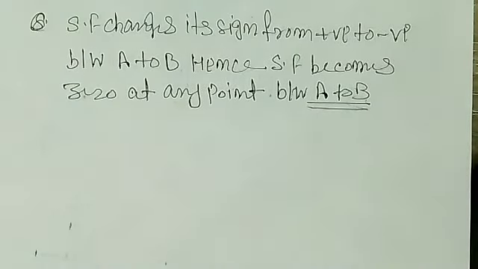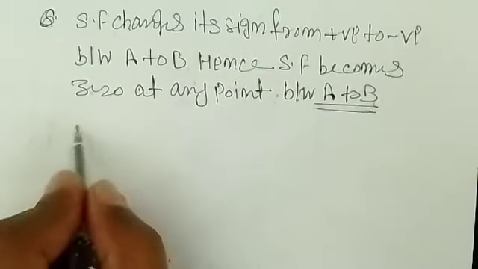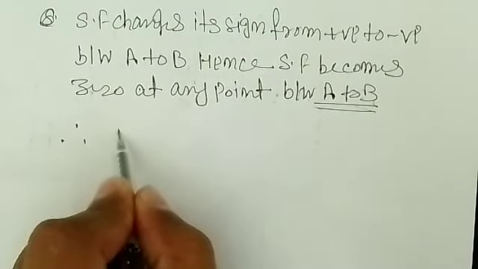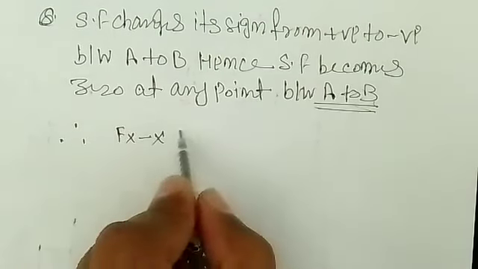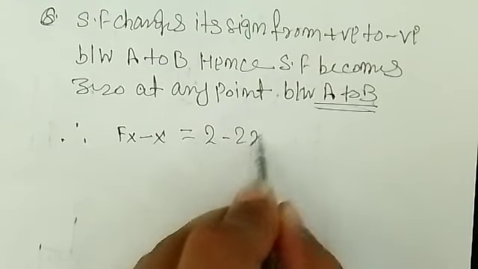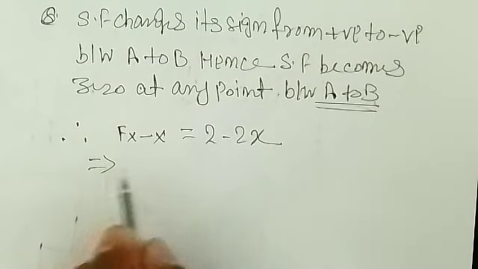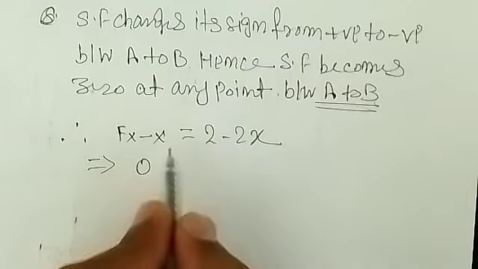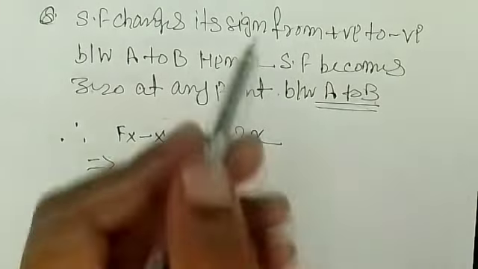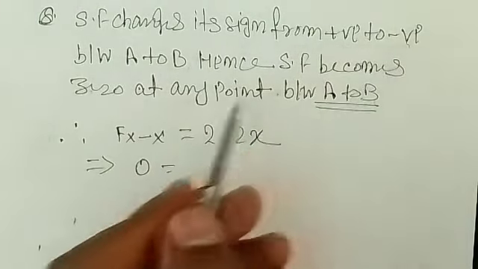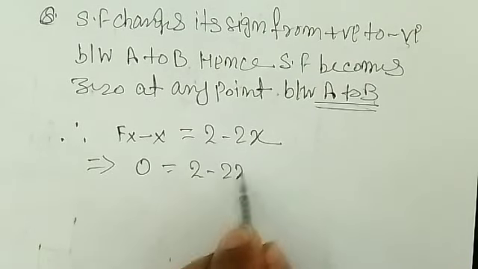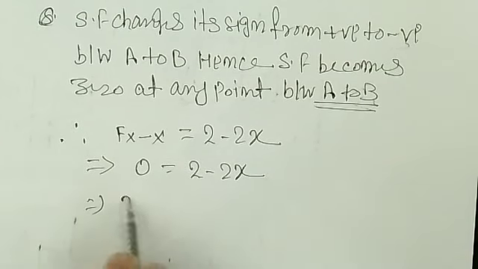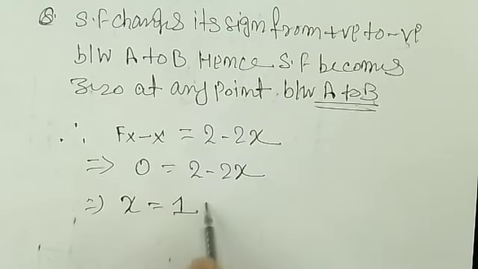Therefore Fx is equal to 2 minus 2x. We put it as 0, because we found that shear force changes its sign and it will become 0. So 2 minus 2x equals 0, and when you simplify, x is equal to 1 meter.